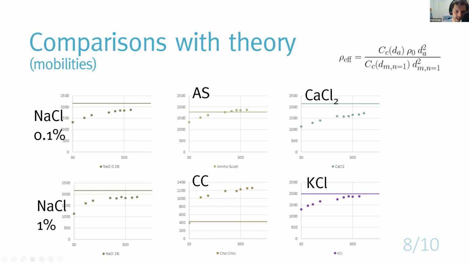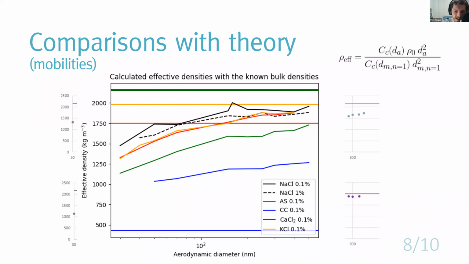The bulk density, what I found online, was 430, and that seems to be getting bigger. It seems to be deviating away from the value that I found. I think this one I'll need to find a better bulk density for. But all the other ones seem to be, as the particle gets bigger, getting closer to the bulk density. And put all together in one plot, you can see that they're all following the same trend.